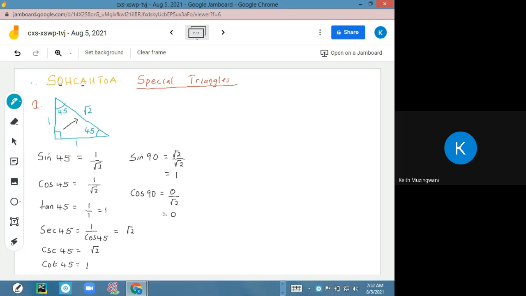Another triangle, triangle 2, the isosceles, or I can use another space. I can just put it here. Okay. Triangle 2, the isosceles triangle. Something like this.